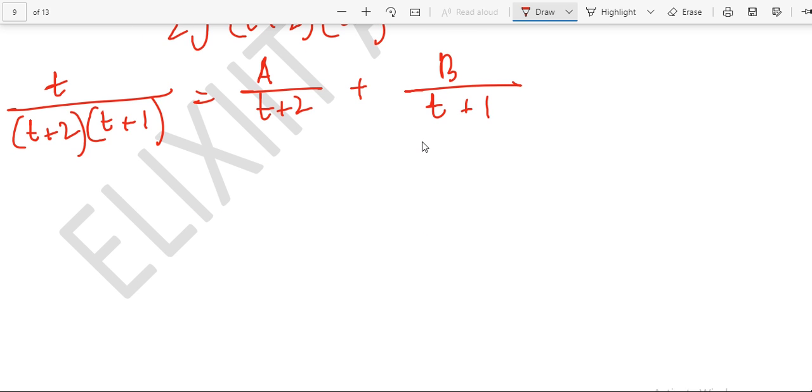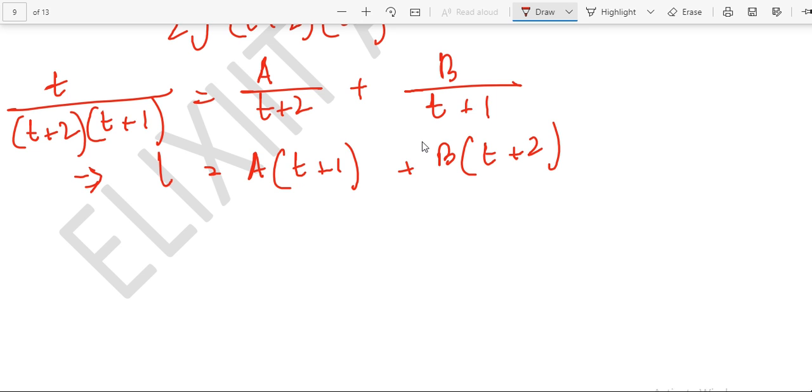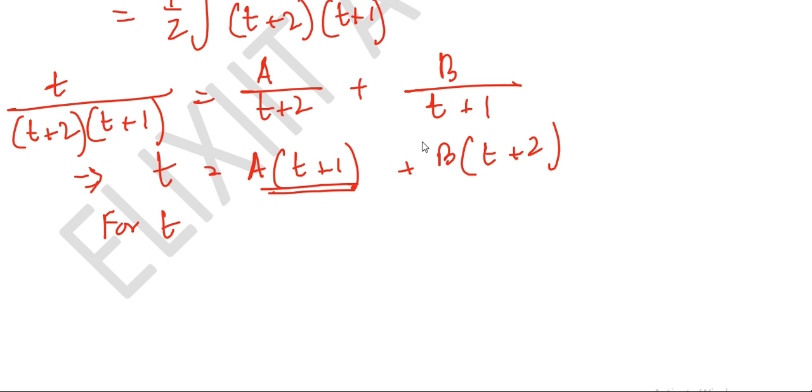Similarly, you have to again find out. So a into t plus 1 plus b into t plus 2 equals t on the left hand side. So first we have to make this 0. For t equals minus 1, we have minus 1 equals b into minus 1 plus 2.